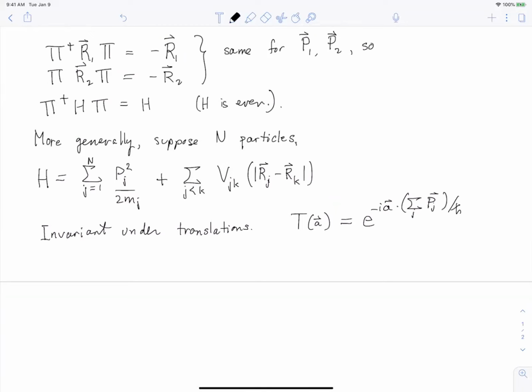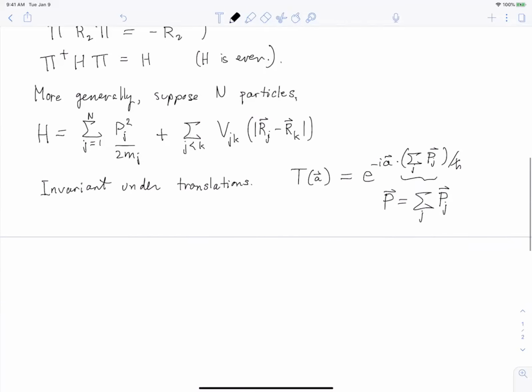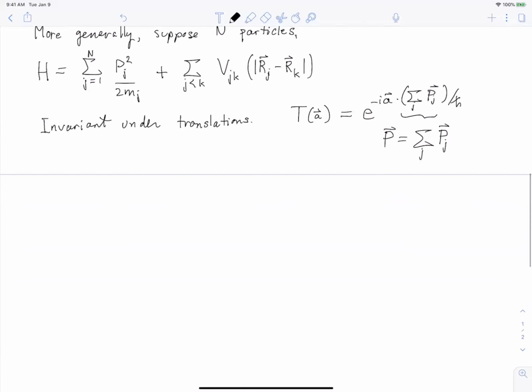The sum of all the momentum operators is the total momentum. That's just the definition. And so that's what goes into the translation operator. Then, just like we did for two particles, T_a dagger, Hamiltonian, T_a gives back the Hamiltonian. And so that makes it invariant under translations.